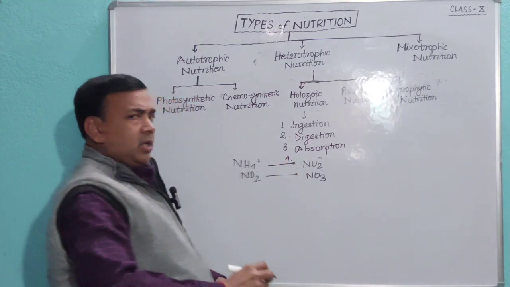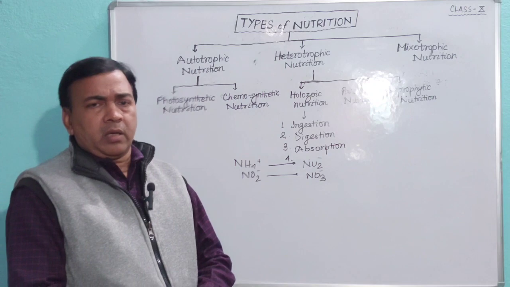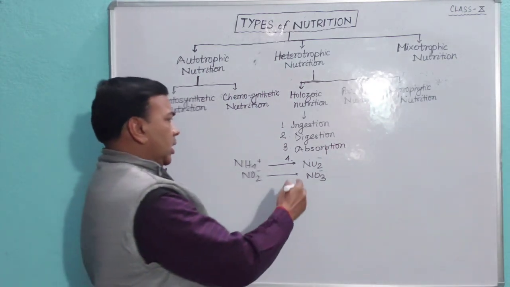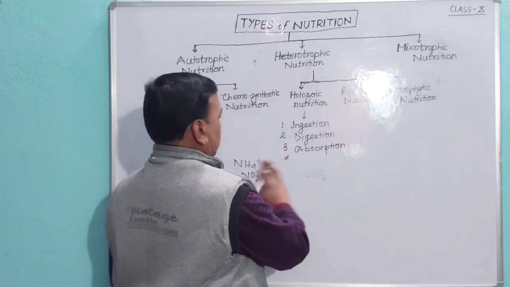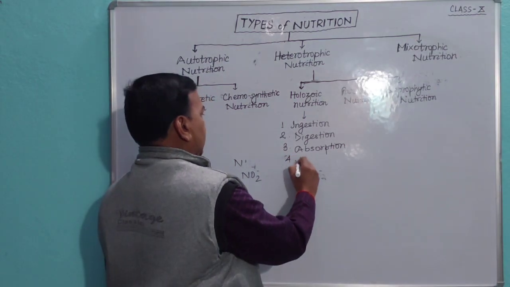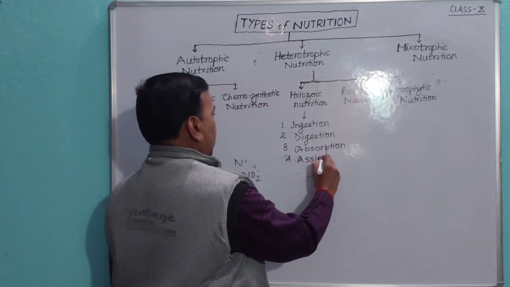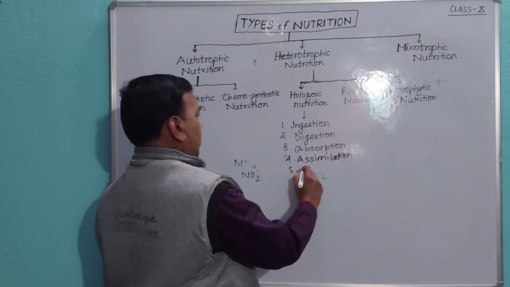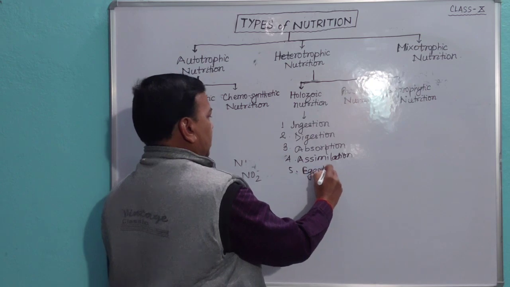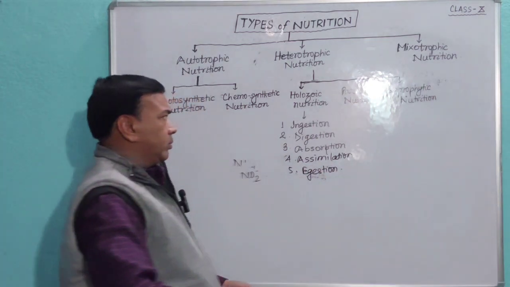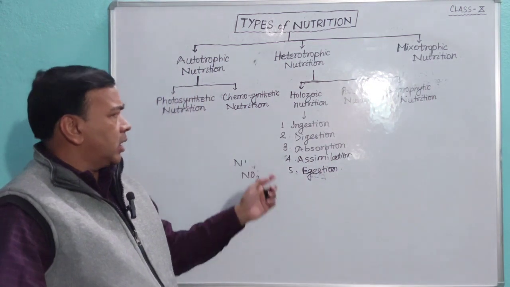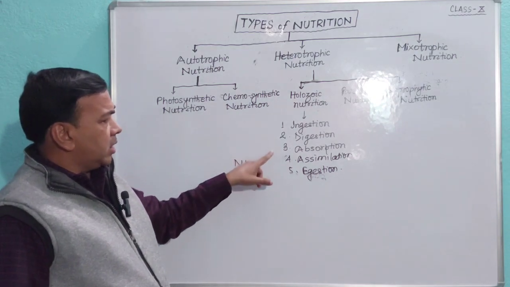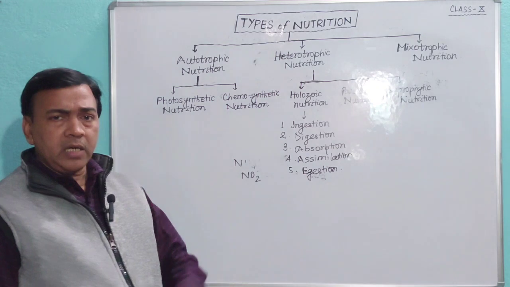The absorbed food is mixed up in the protoplasm of the organism, which is called assimilation. And the undigested food is removed out of the body. The process is called egestion. So holozoic nutrition involves 5 sub-stages: ingestion, digestion, absorption, assimilation, and egestion.